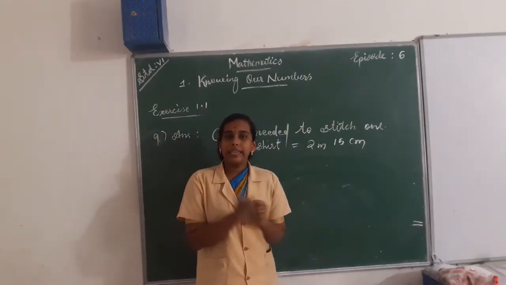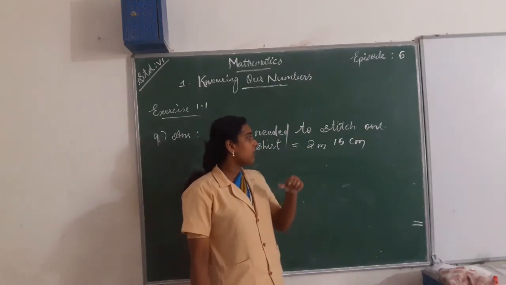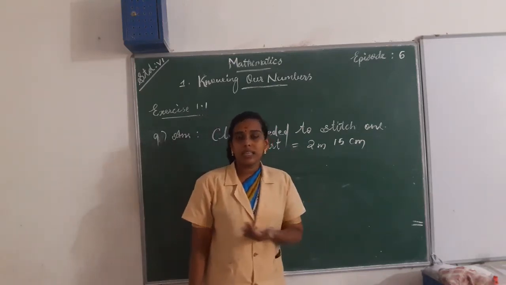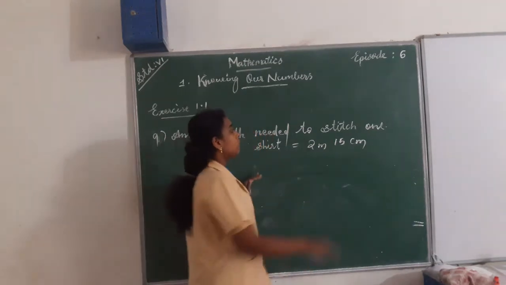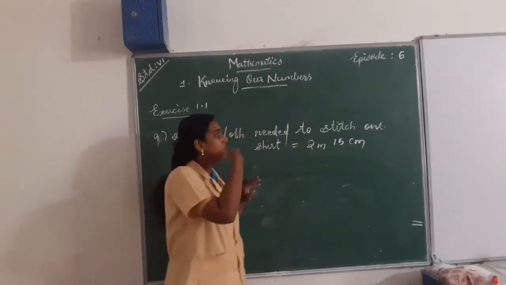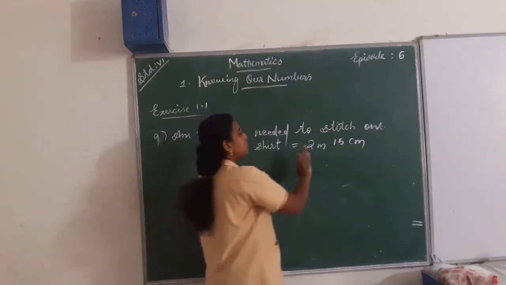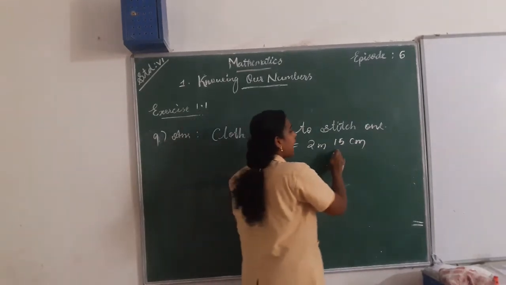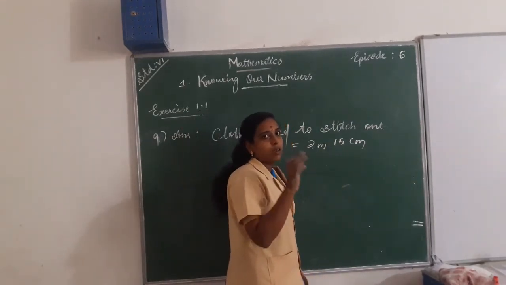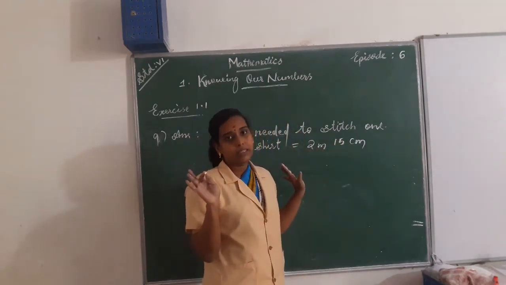That means we want to convert 2 meter 15 centimeter into centimeter. Here 2 is in meter and 15 is in centimeter. So we only convert 2 meter into centimeter and add the 15, because 15 is also in centimeter.